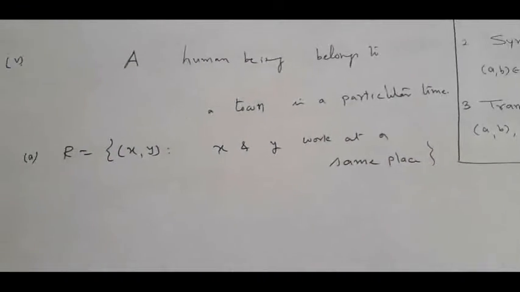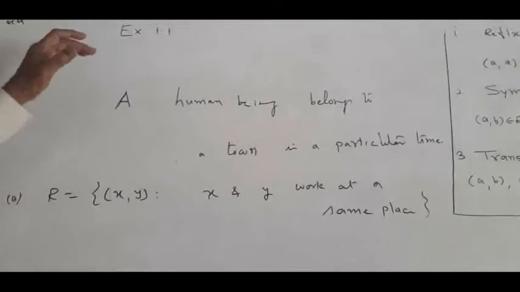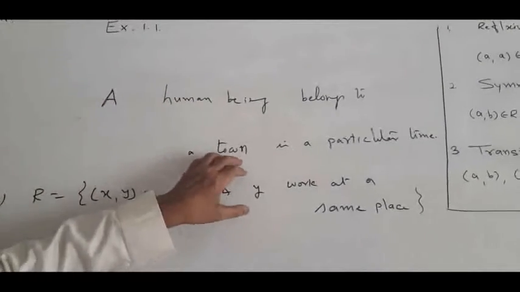Here, x and y are all humans belonging to a town at a particular time.